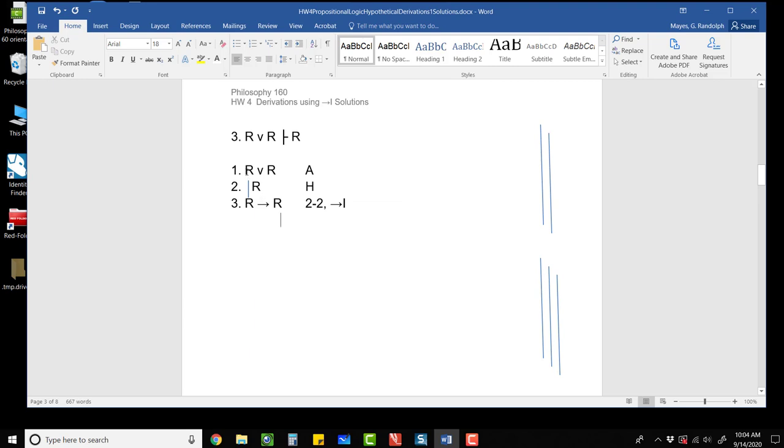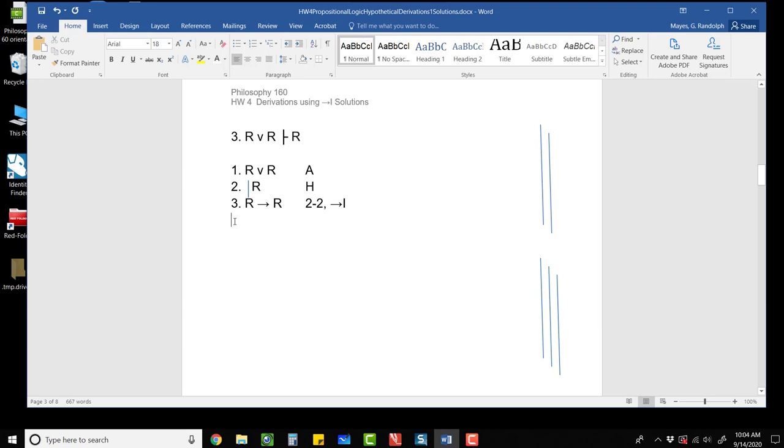Okay, now we did this on the first R, right? But the rule of disjunction elimination requires us to have 2 conditionals. One showing if R, then R, the first R, and one showing if R, then R for the second one.